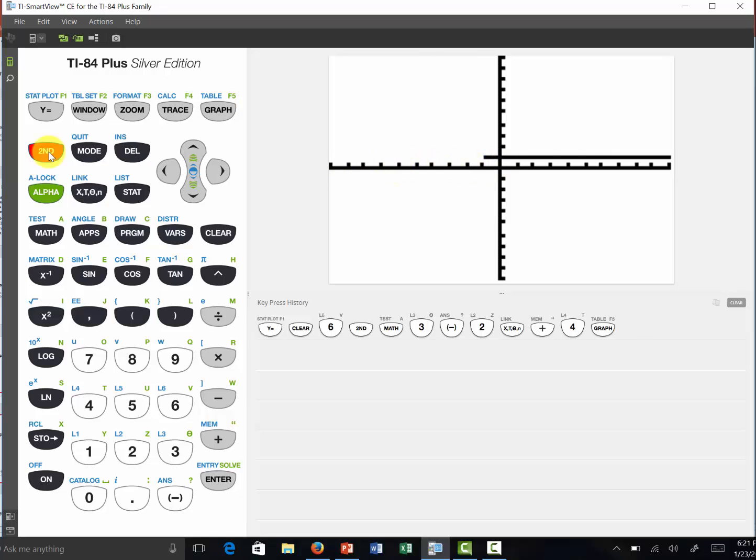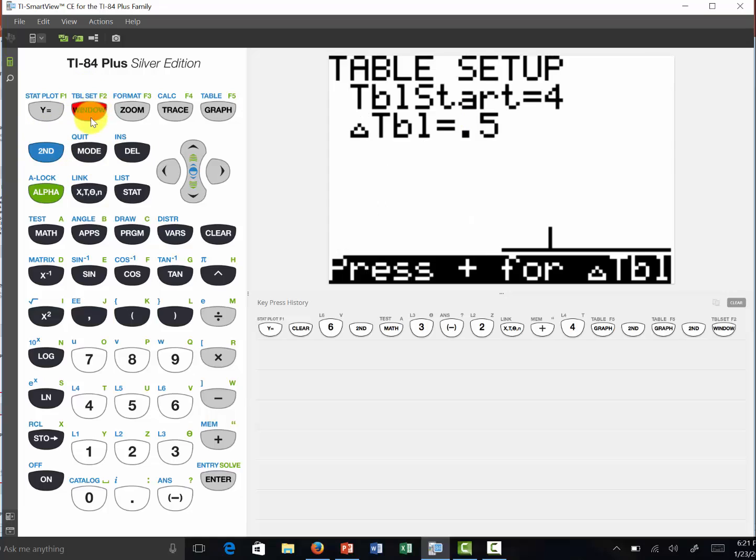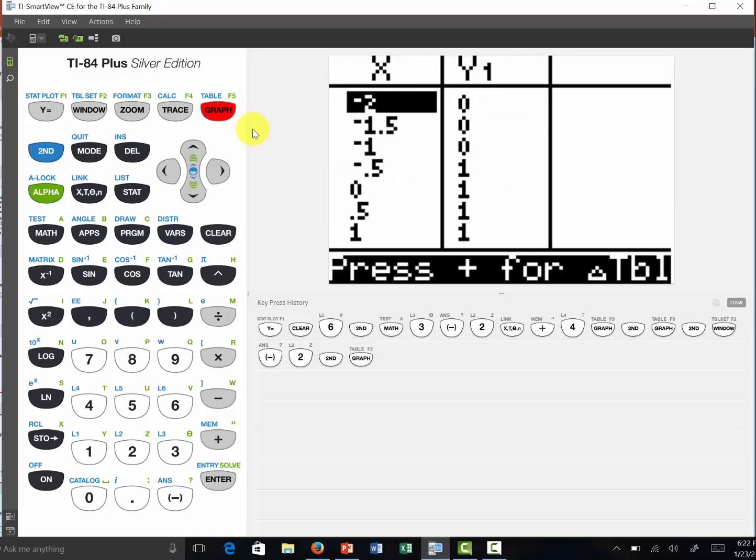Let's look at this from the table. Second graph is table. Let's go ahead and change our starting value and what we count by. So that's table set, second window. I'm going to start at negative 2, and again I'm going to leave it 0.5. Back to table.